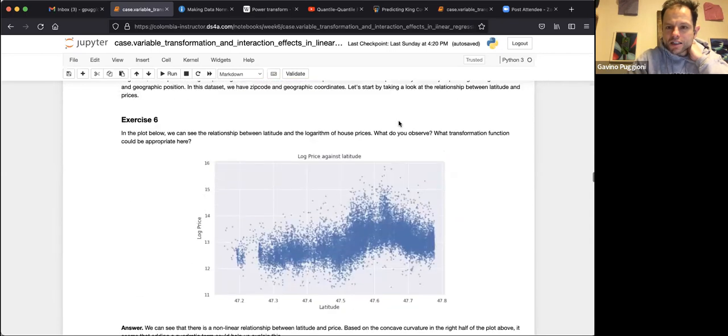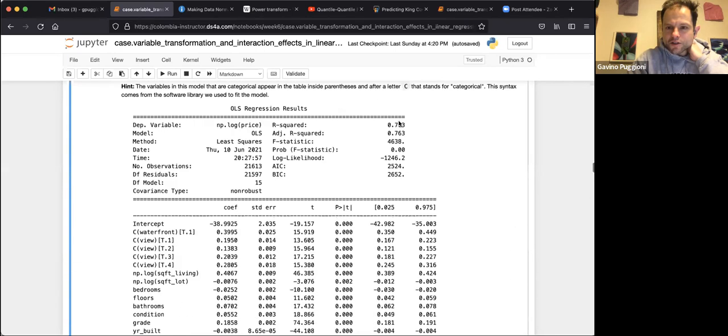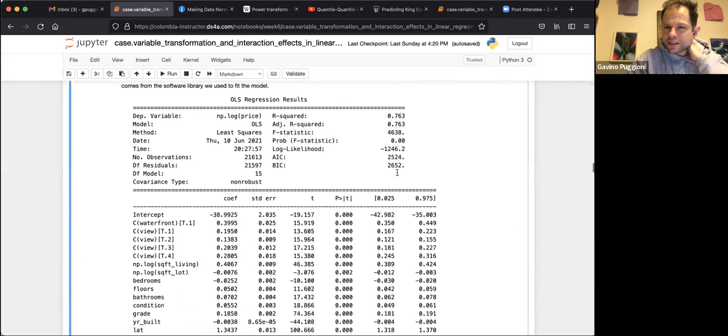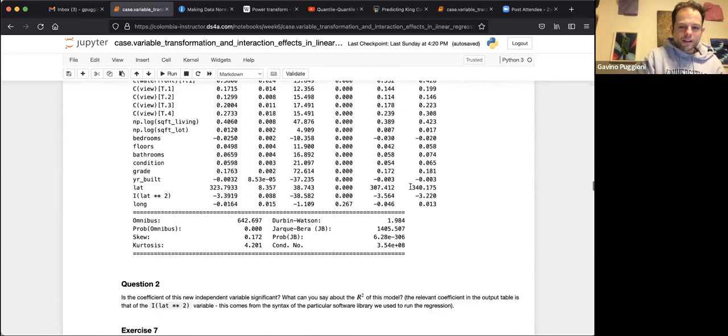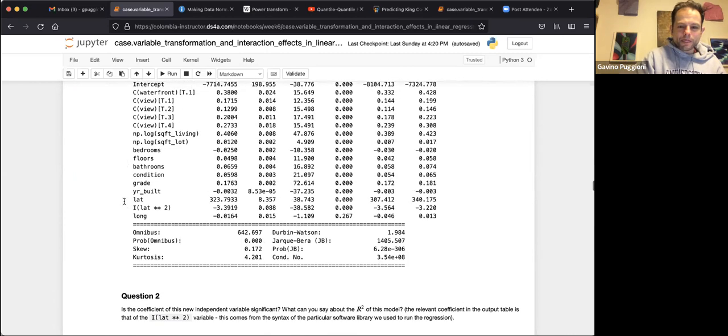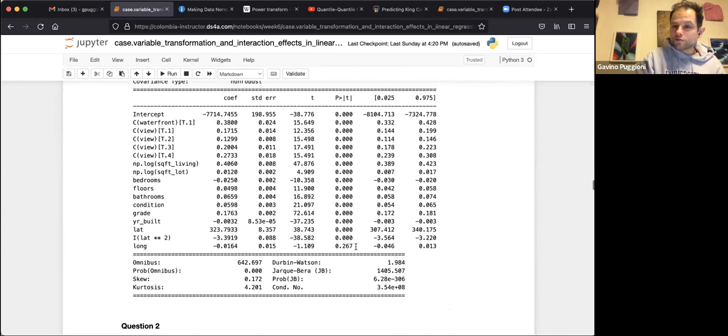R square is increased because it went from 0.76 to 0.778. Not a huge increase, but notice that the longitude now is actually not significant anymore, which is kind of interesting, right? We were able to capture that kind of hump on the curve, on the relationship, which, by the way, might stay there or might be removed once we consider the effect of the other variables, okay?